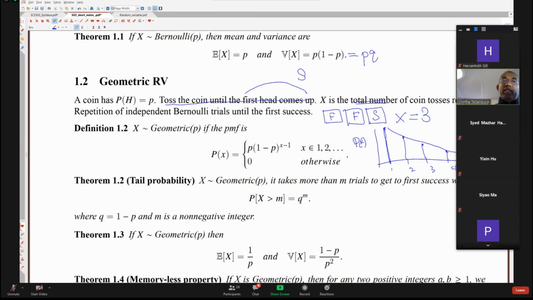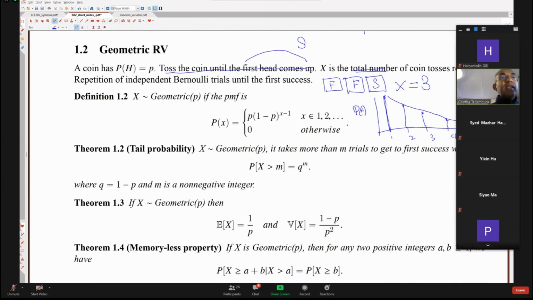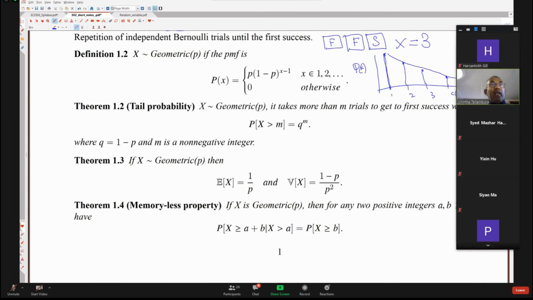Now again, I cannot prove any of these things, we don't have time. There are really interesting things about this random variable. I mentioned a few of those. This is the average. This is the variance, right?